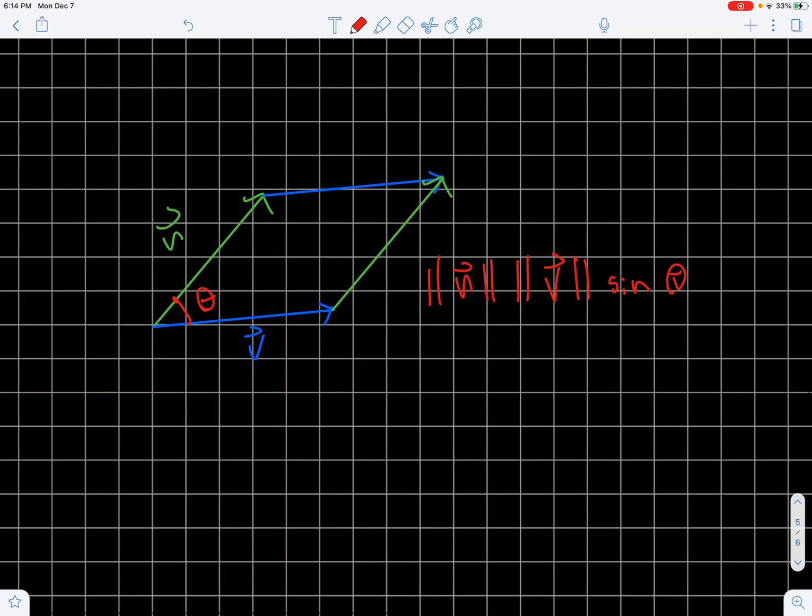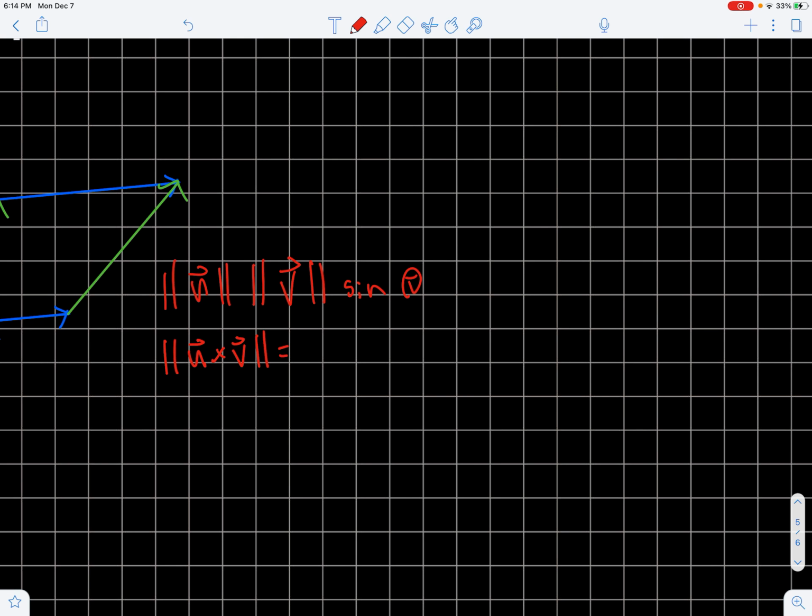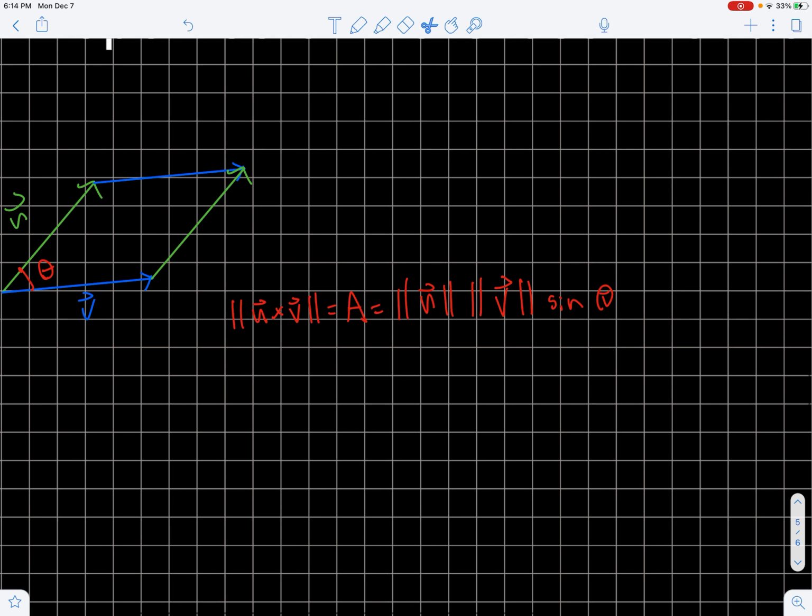All right, and so it turns out that the norm of the cross product, and I have to show this without true proof because I'm not a linear algebra master, is equal to that area of the parallelogram, which is equal to norm u norm v sine theta.